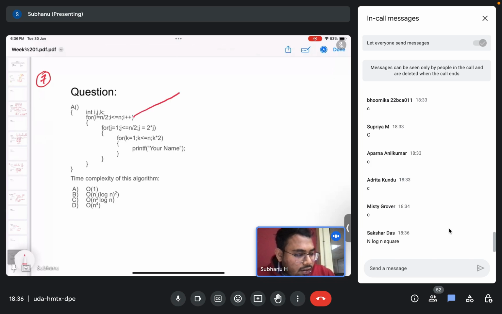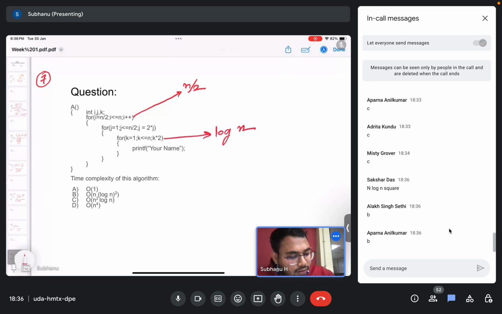You can see clearly this will run for n by 2 times. Also from the last example we know that this will run for log n times. So this is a tricky one, find out.